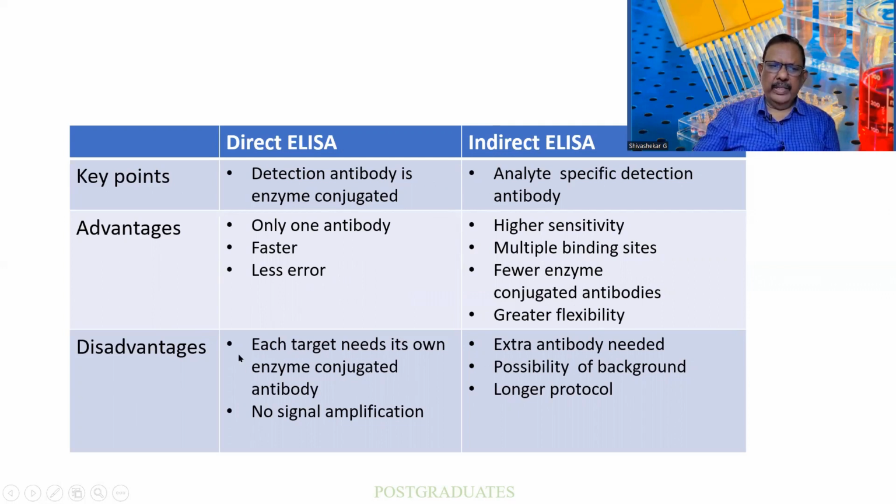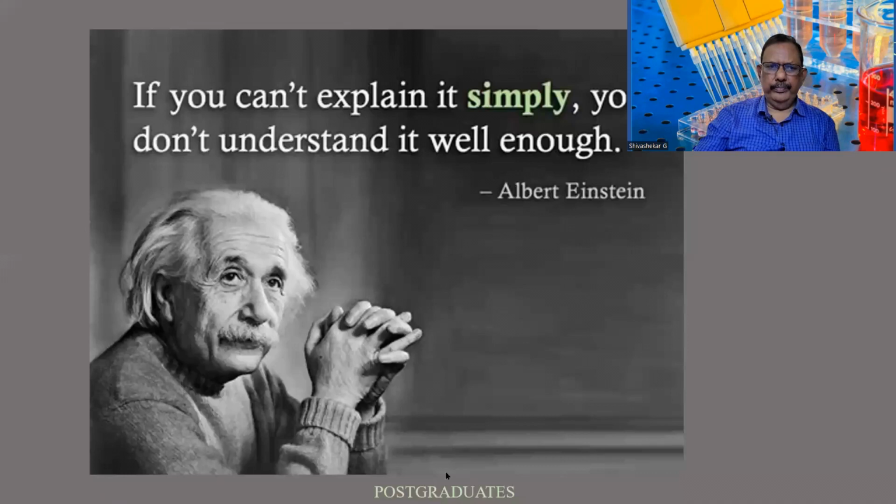Disadvantages of direct is each target needs its own enzyme conjugated antibody and its own incubation time. There is no amplification. Whereas here, the disadvantage is an extra antibody is needed because it is indirect, and the possibility of background staining and the longer protocol. So this has to be perfectly followed.